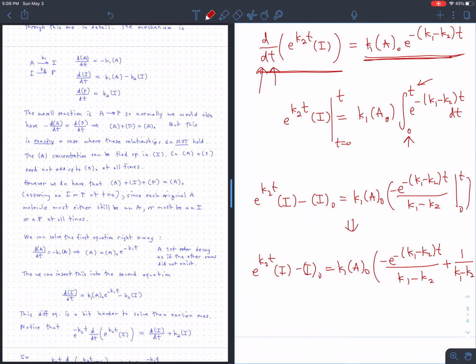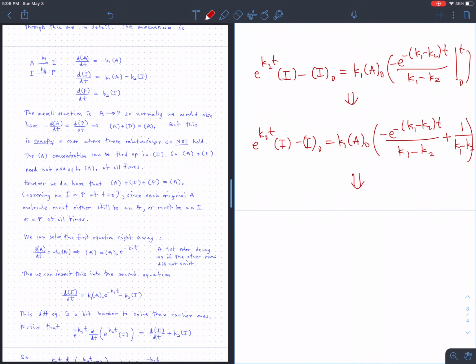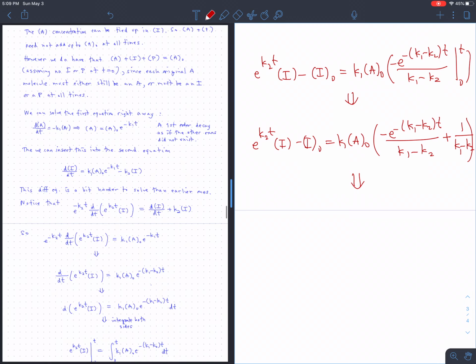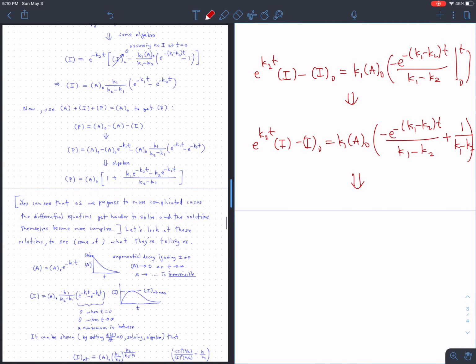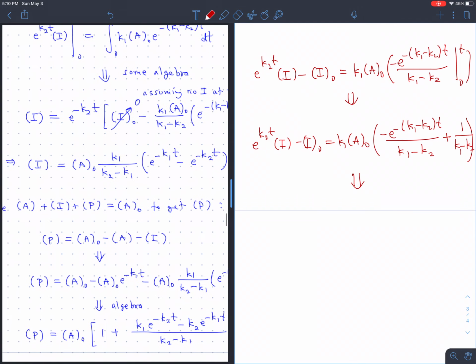I'm running out of space here. I've got to write smaller. All right, doing the rest of the algebra, and I guess I'll stop there with the algebra, gives us at the end, going back over here, the following.